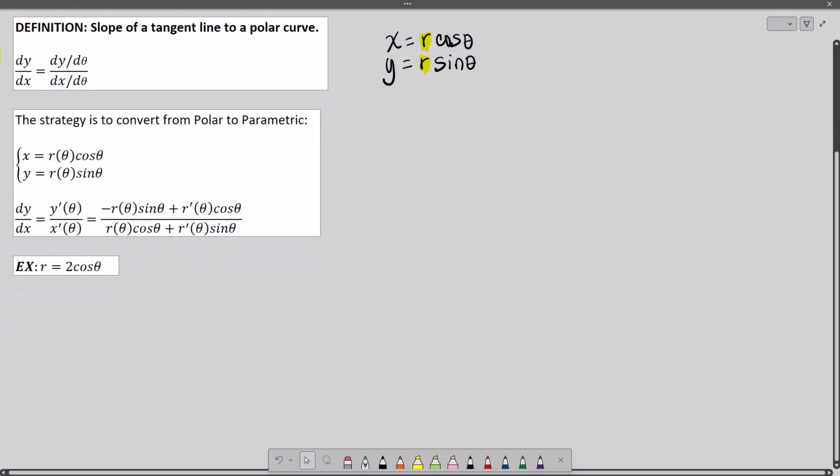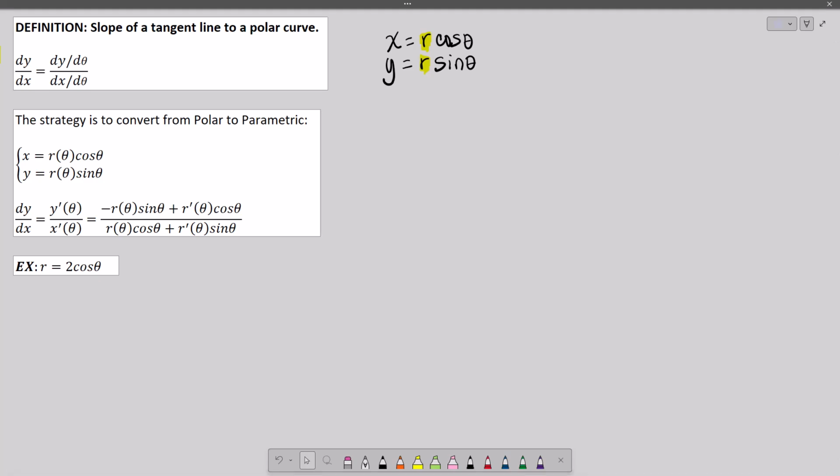And if we do that, then we differentiate the y with respect to theta, and we differentiate the x with respect to theta, and we get that formula there. There's no point in remembering that formula. This is what you want to remember right there. Just y prime over x prime. You could memorize this if you wanted, if you're one of those folks that likes to memorize crazy looking things, but it's much better just to think of the derivative like we did parametrically, y prime over x prime.